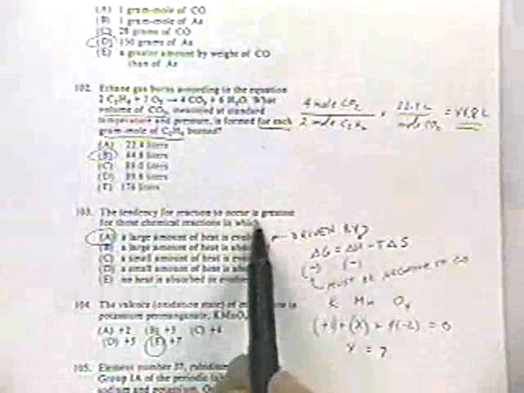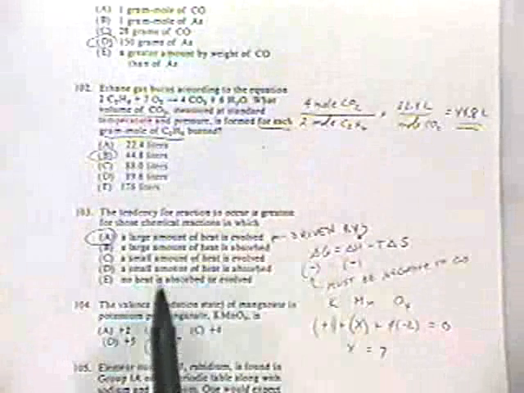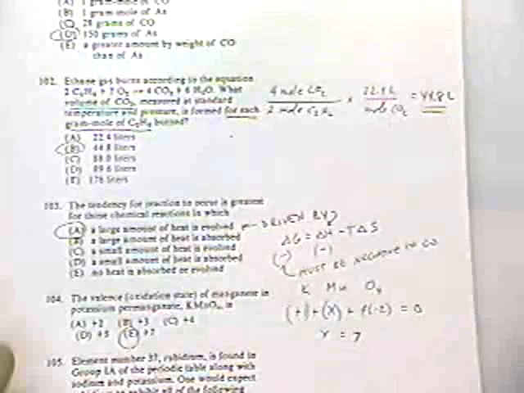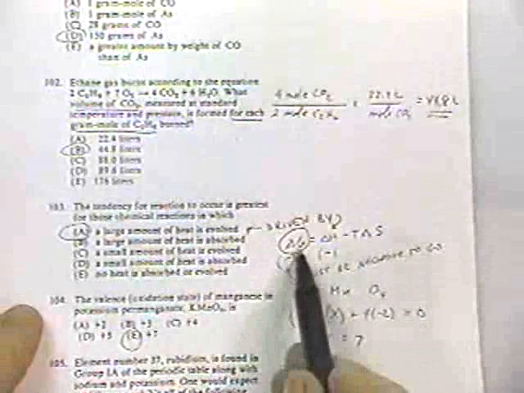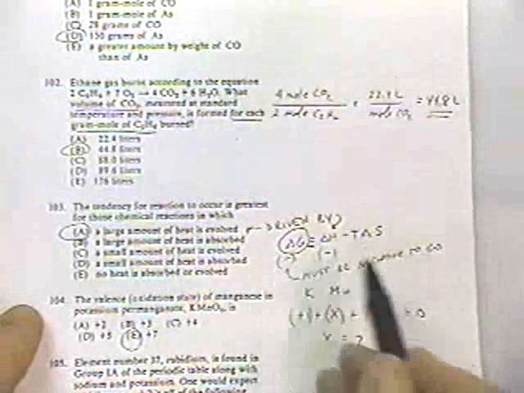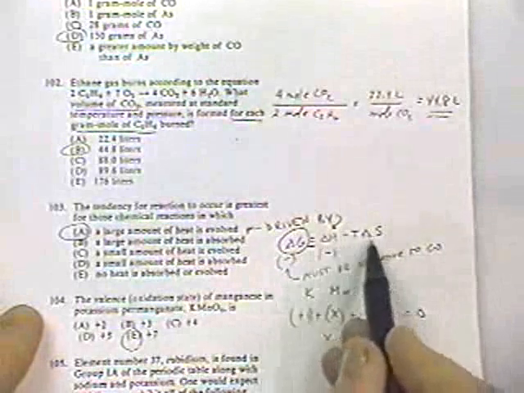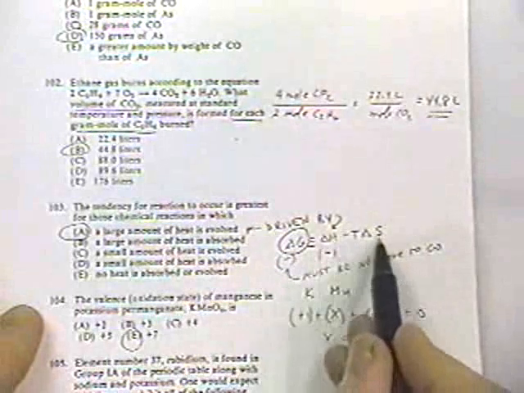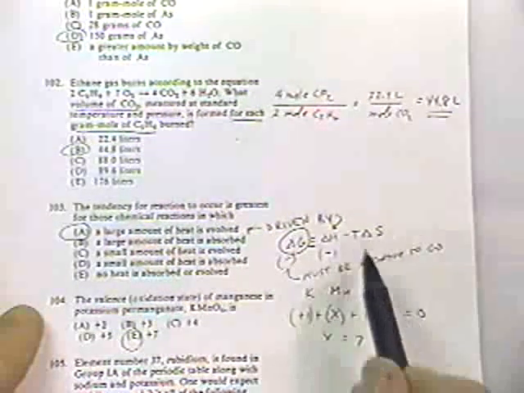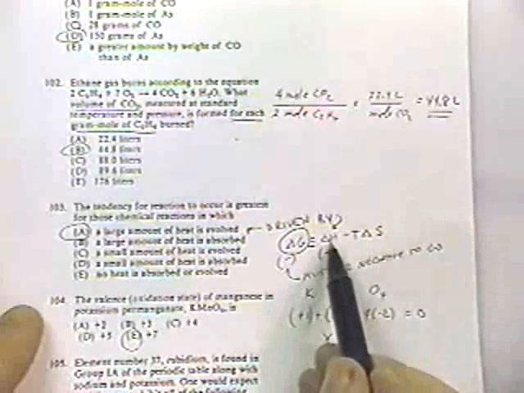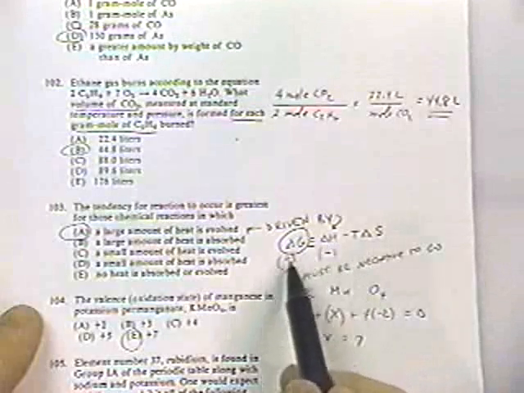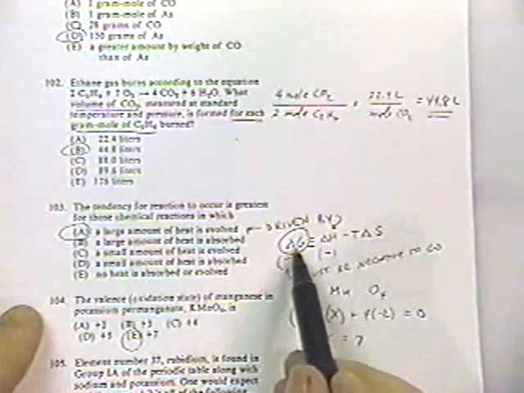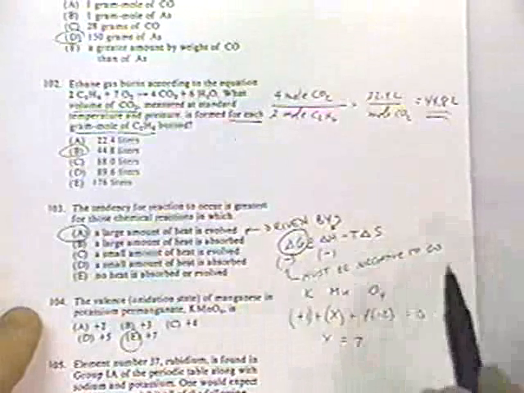The tendency for a reaction to occur is greatest for those chemical reactions in which a large amount of heat is involved. This introduces a concept that I haven't talked about yet. What really drives reactions is what's called the Gibbs free energy, which is defined to be the change in enthalpy plus the temperature times the change in entropy. If you really want to drive a reaction by making the enthalpy change negative, that is to say an exothermic reaction, that can very strongly make the Gibbs free energy negative.